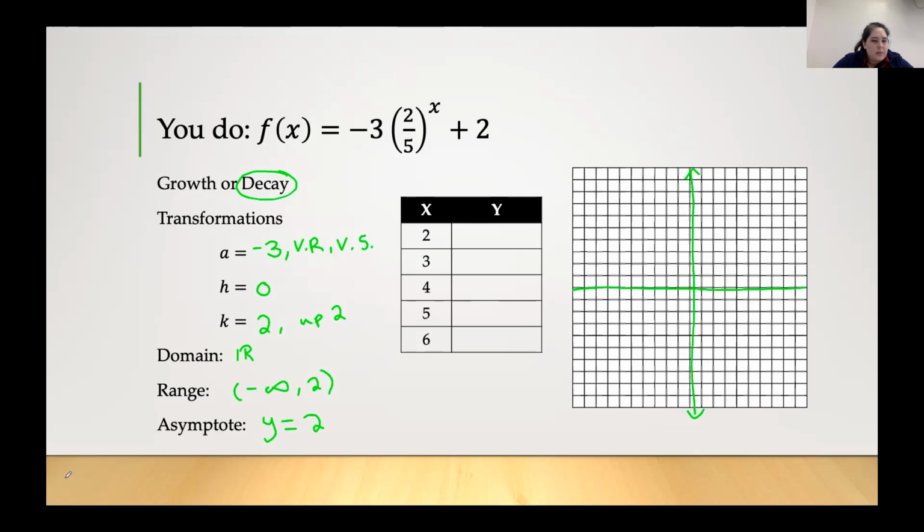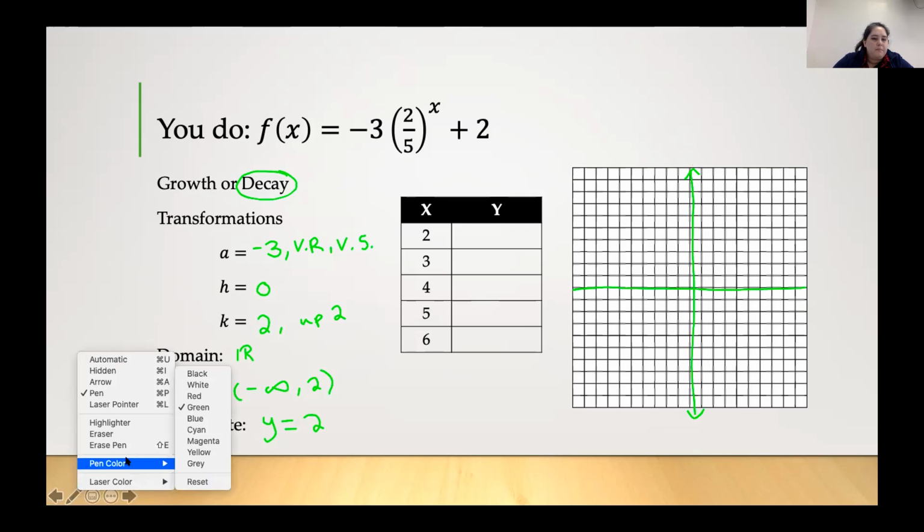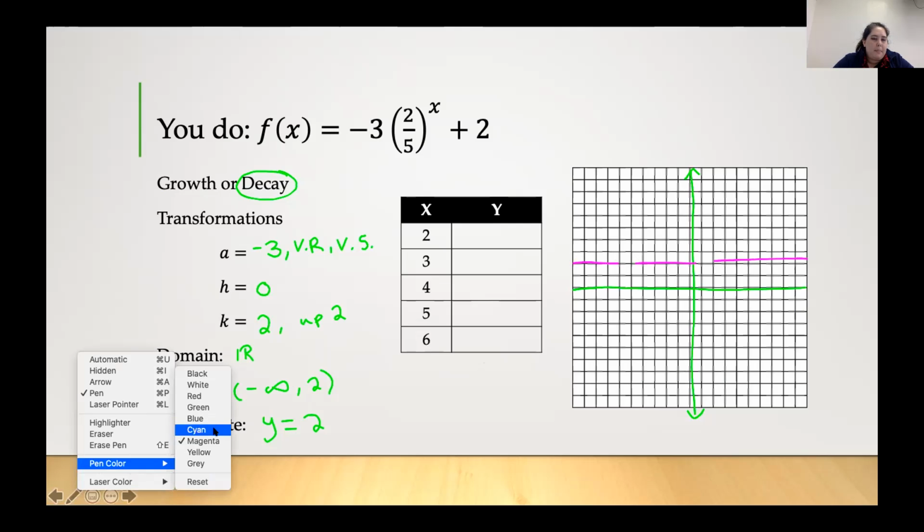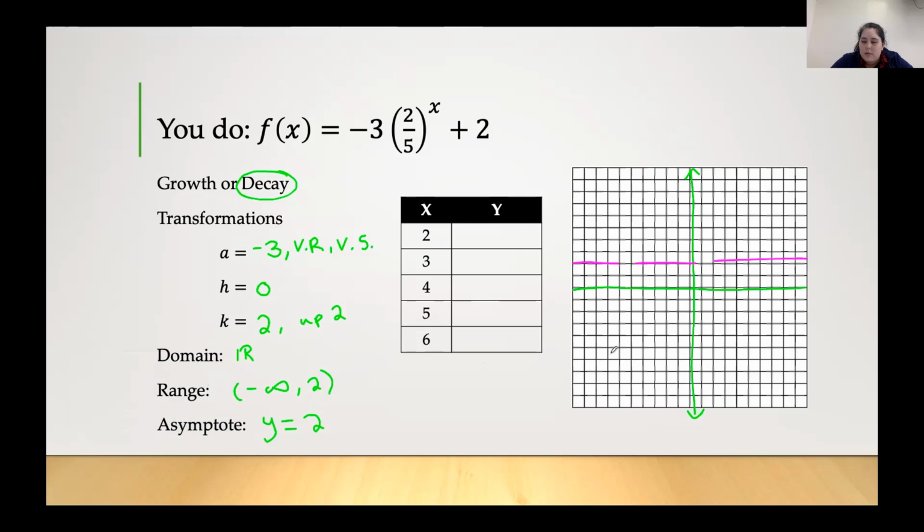So there's a couple things we can decide on it. Such as we know the asymptote is at 2. Technically it is dashed. And it crosses at 0, -1.